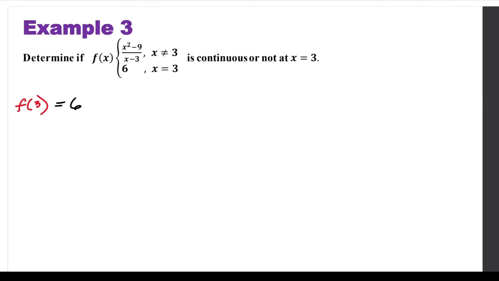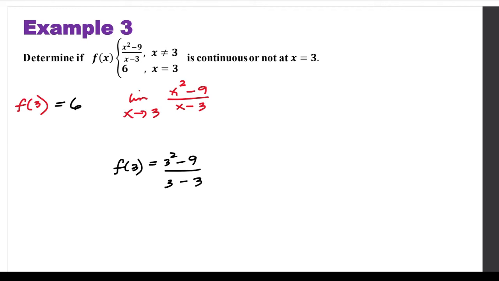Let us now get the limit of the function as x approaches 3. In reference to the given piecewise function, we're going to use x squared minus 9 over x minus 3. If we're going to do f of 3 for this function, that would be 3 squared minus 9 over 3 minus 3.